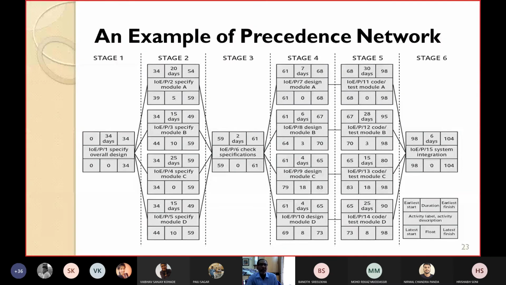You can see there are many activities: specify overall design, then specify module A, module B, etc. Then check the specifications, then design activities for all the modules, coding activity for all the modules, and system activity. So these are the activities in that activity network or precedence network. Now we have to identify the resource requirement for each activity.